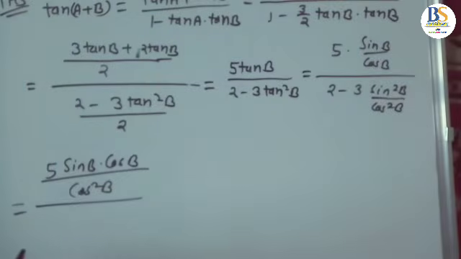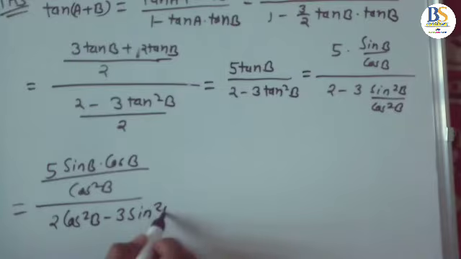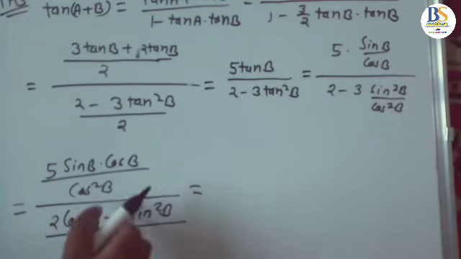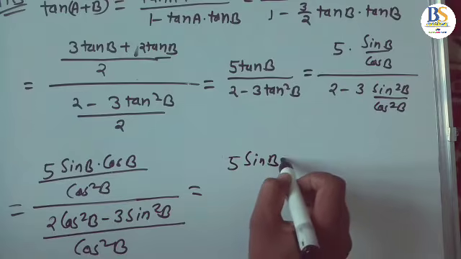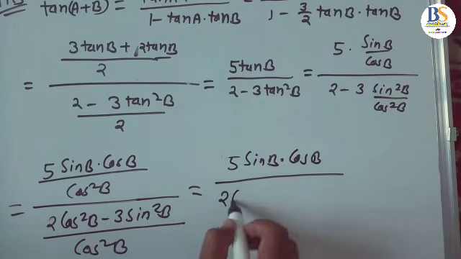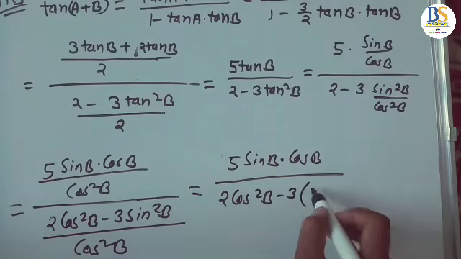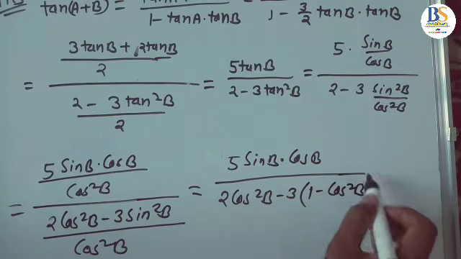We can get the simplified form by taking LCM: 2 cos square b minus 3 sin square b upon cos square b. Then this cos square b cancels out. 5 sin b times cos b over 2 cos square b minus 3 sin square b, where sin square b is equal to 1 minus cos square b.